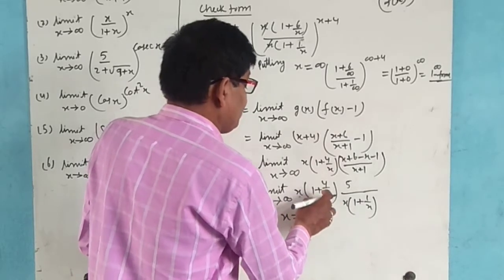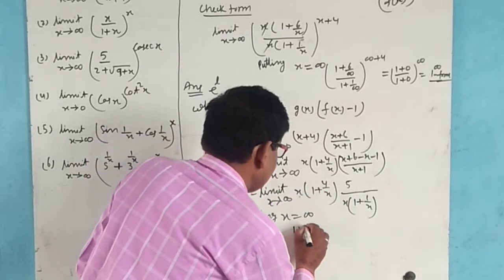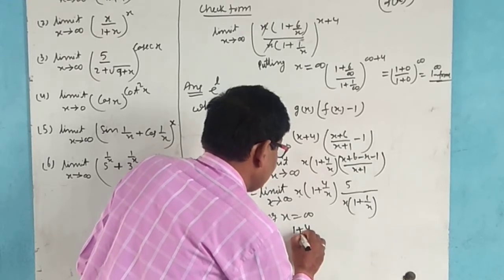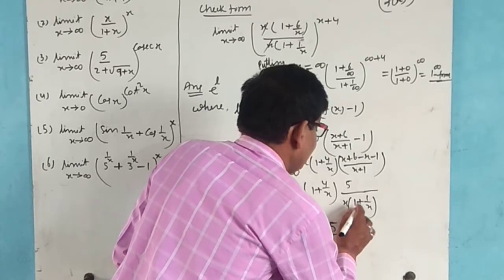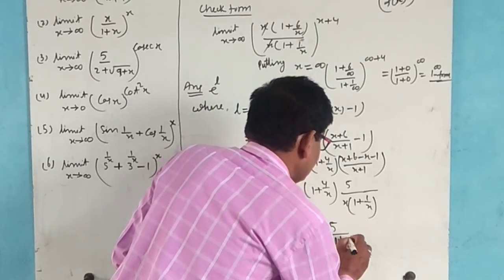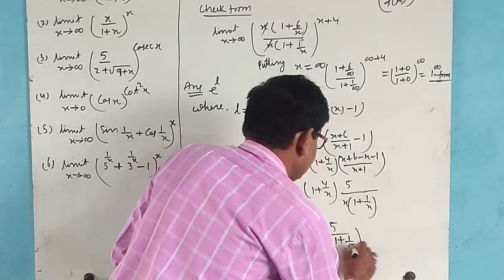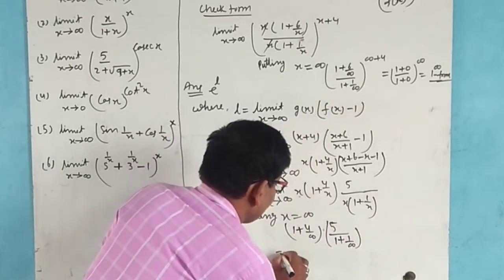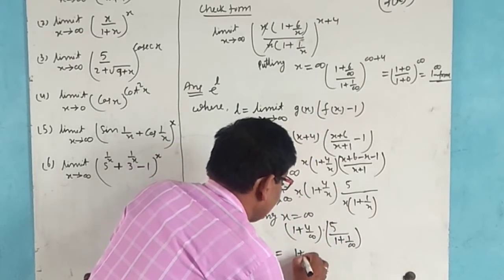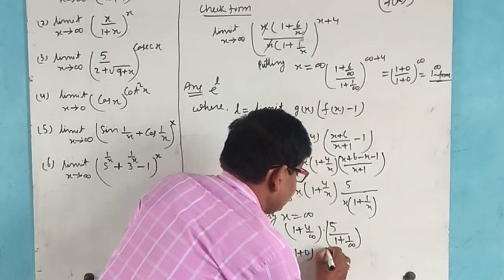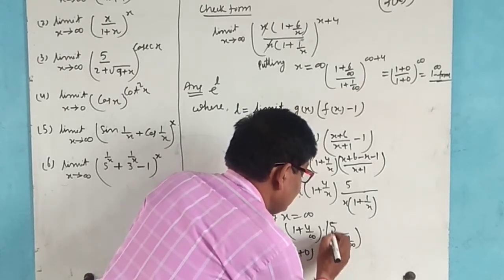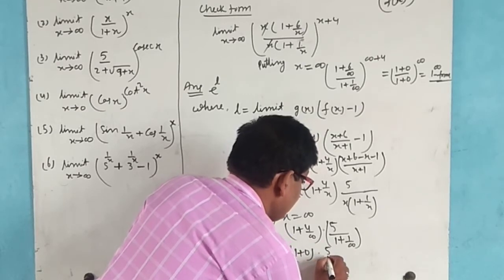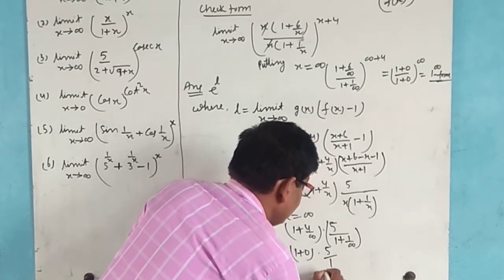Now 1 plus 4 by infinity into 5 by 1 plus 1 by infinity. Now this is 0, so 1 plus 0 is 1, and this is 5 by 1 plus 0, which is 5 by 1.